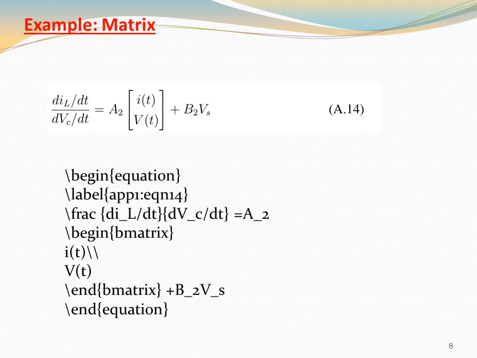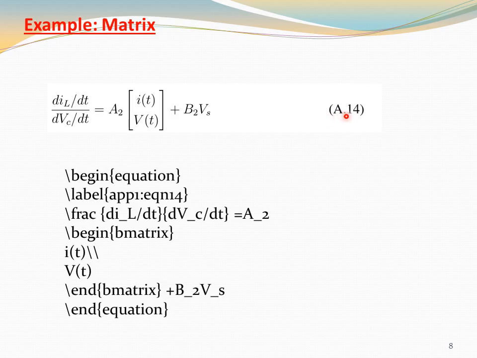Here also the matrix is written in between the equations. So now let's start with \begin{equation} and label it app1 dot equation 14. That means the equation is coming under appendix 1 in the thesis and the equation number is 14.